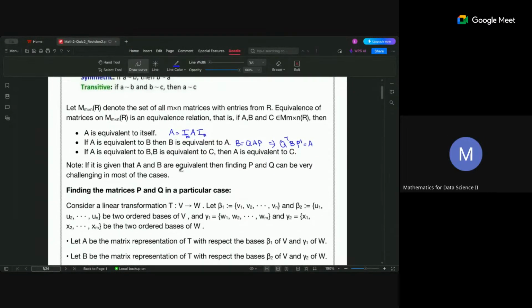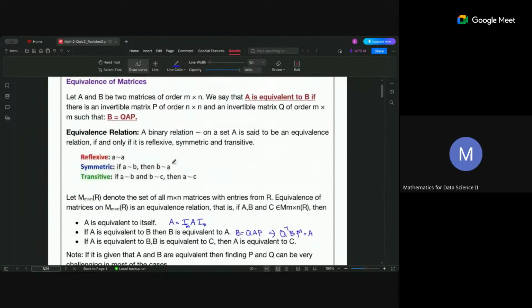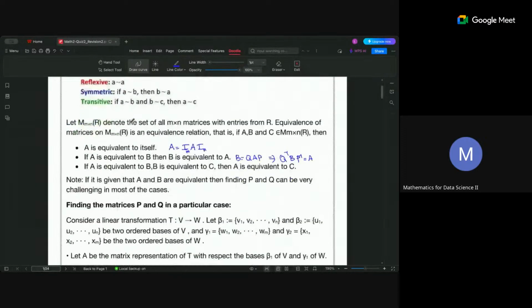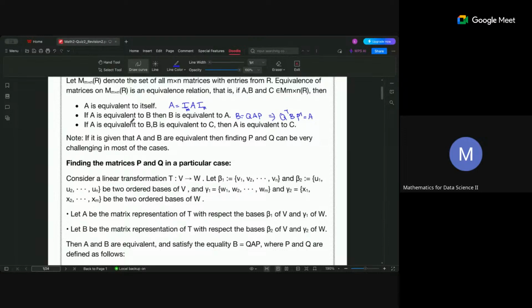Okay, fine. So in general, finding these invertible matrices P and Q is very difficult. It's not that easy to find P and Q. But in some cases, we have some specific ways. Here is an example.